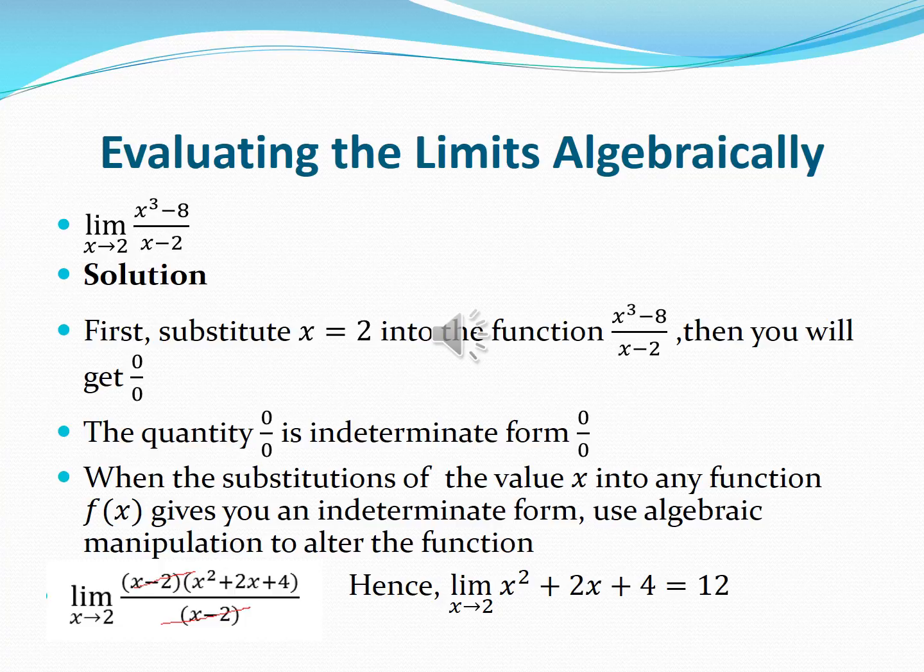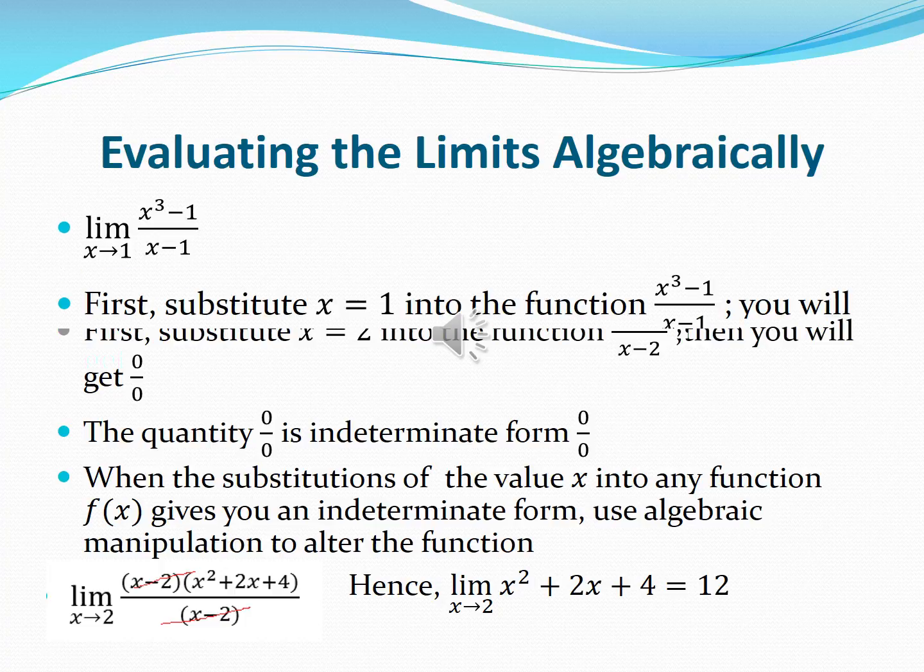When we factor x cubed minus 8, this becomes (x minus 2) times (x squared plus 2x plus 4) divided by (x minus 2). And then we cancel out x minus 2. It's a common factor in the numerator as well as in the denominator. And then we do the substitution and we find the answer to be 12.